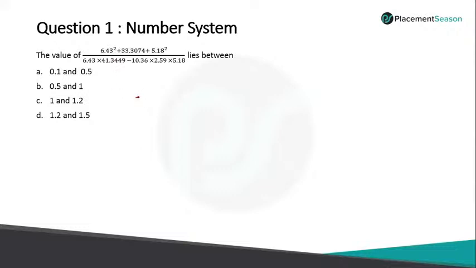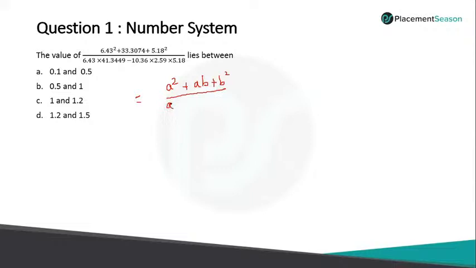So let me write this. If I replace the numbers with the variables a and b, 6.43 is a, so the given will be a square plus 33.3074, which is nothing but the product of 6.43 and 5.18, so it should be ab, plus b square, divided by, what is 6.43 again?